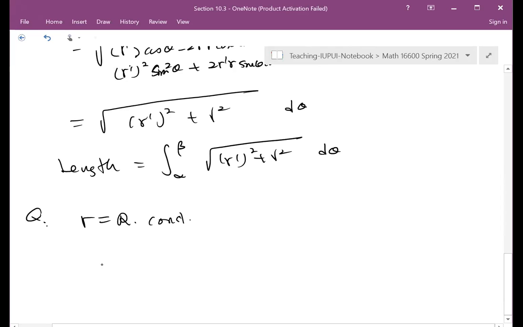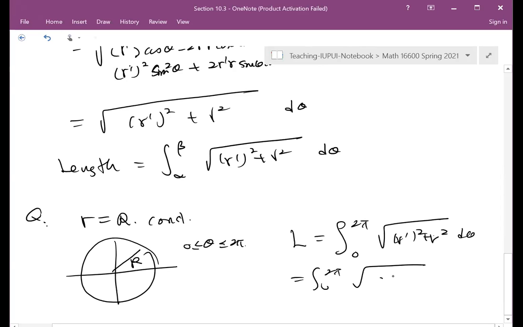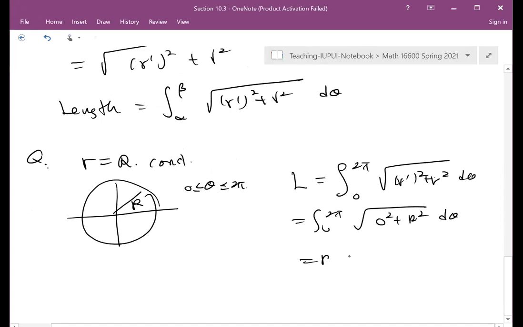That polar equation describes the circle with radius R, and theta is between 0 and 2 pi. Then use the formula, the circumference is going to be the integral from 0 to 2 pi of the square root of 0 squared plus capital R squared. So it's constant, that's why it's just R times 2 pi. So that's why you get the circumference, 2 pi R.